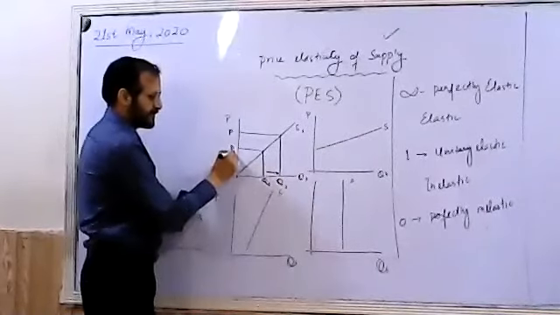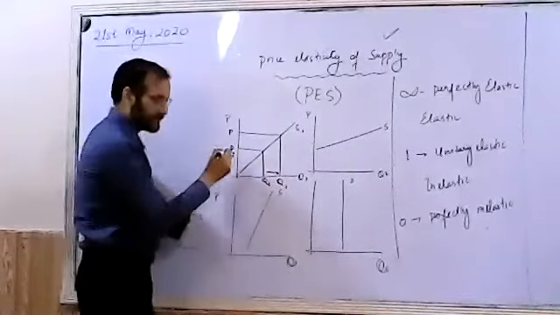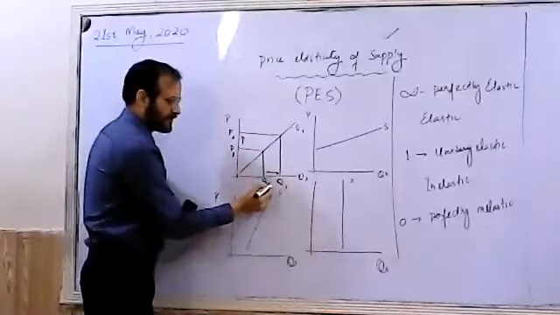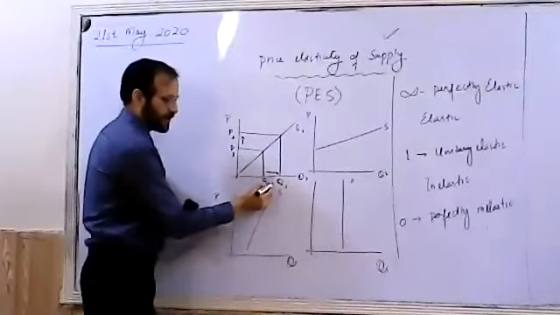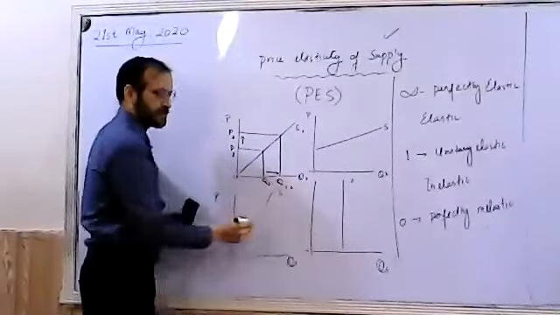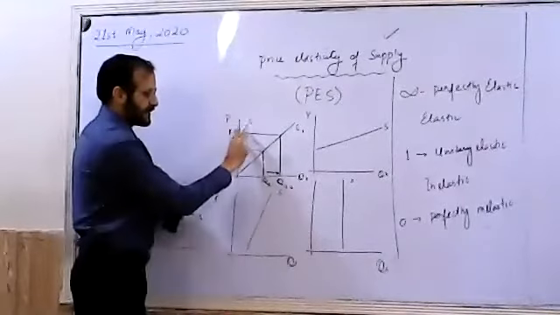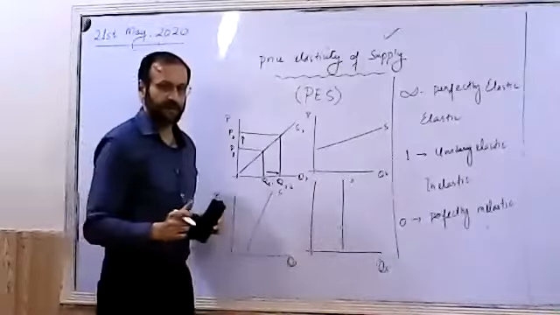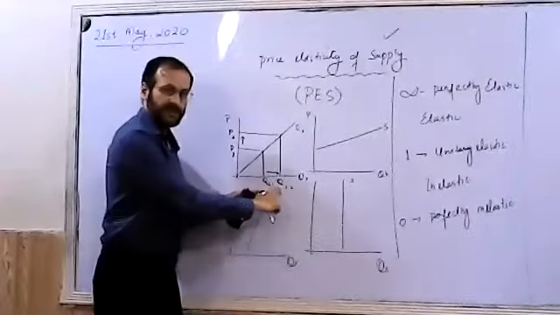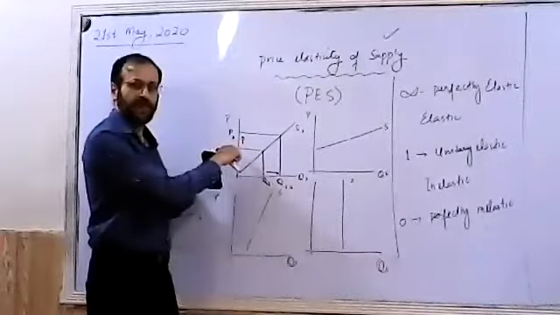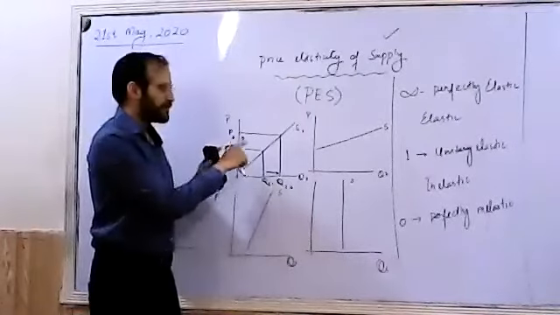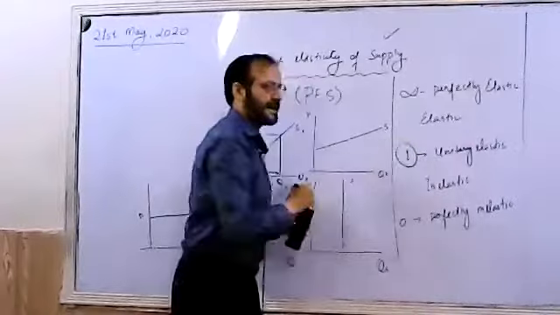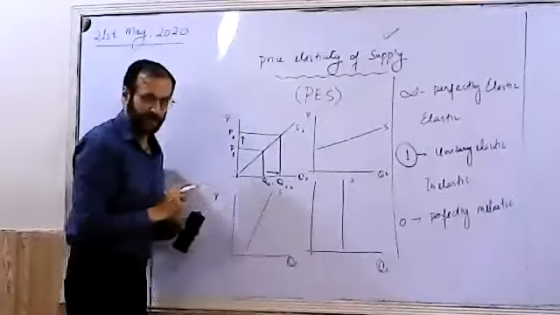So if the price increases from P1 to P2, it gives an increase of quantity supplied from QS1 to QS2. That means the same amount of price change gives the same amount of change in quantity supplied. So the response of the quantity supplied is equal to the change in the price. So this has to be unit elastic, right?